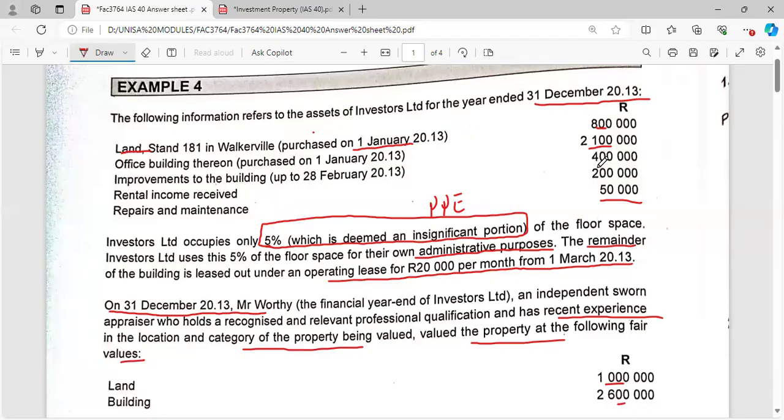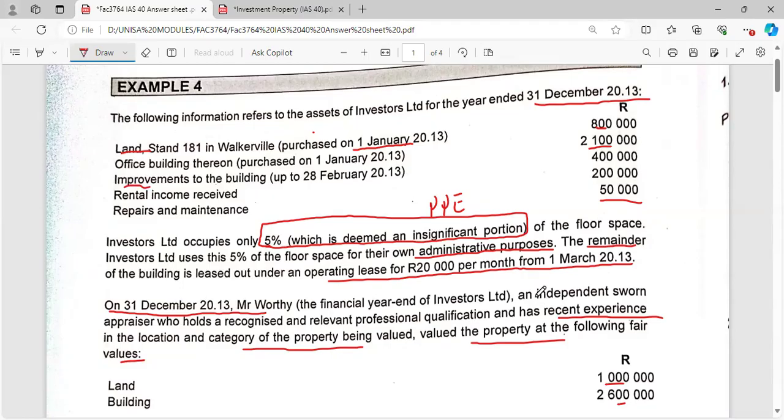What about this one, the improvement to the building? What are we going to do with the improvement to the building? We capitalize the building. Yeah, that one is going to increase the value of the building. Because you can see improvement, which means it's going to add value to the building.